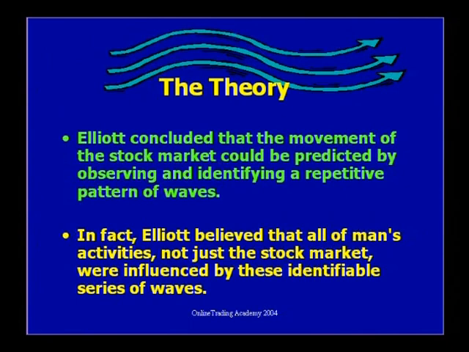Elliott concluded that the movement of the stock market could be predicted by observing and identifying repetitive patterns of waves. In fact, much like Fibonacci, Elliott believed that all of man's activities, not just the market, were influenced by these identifiable series of waves.